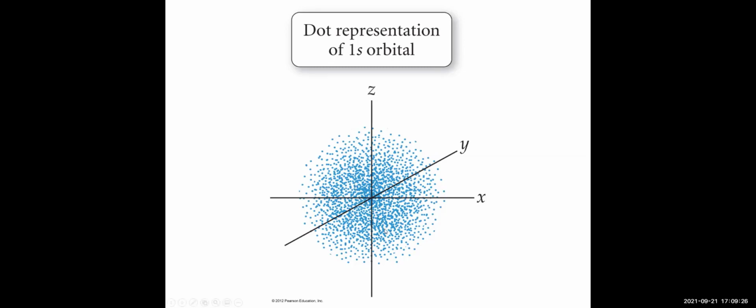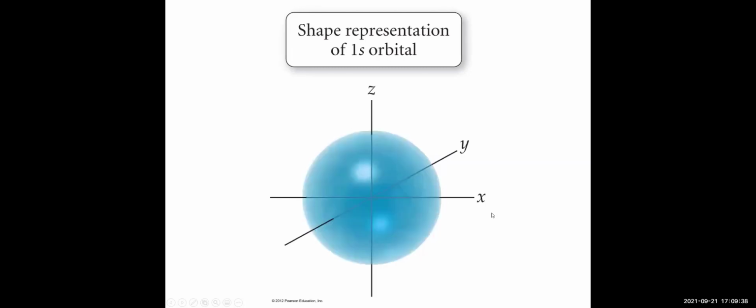And you agree, it looks like the electron is forming kind of a, this is 3-dimensional, so it would be a sphere. So the electrons are staying mostly within a sphere, it looks like. So using that, using the previous picture, we say this is what an s orbital is. It is a spherical region.